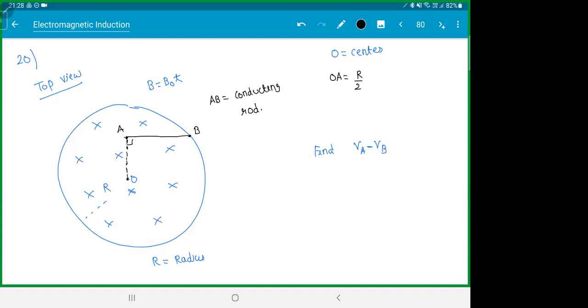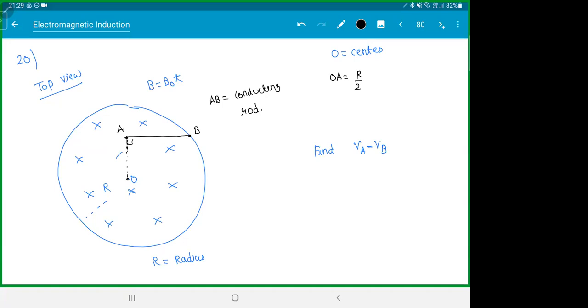Anyone confused with the question, please ask. There's a rod only from A to B. There is no loop, nothing is there. There is just a rod at rest. So you can't use motional EMF, BLV, also. Think how to do it.